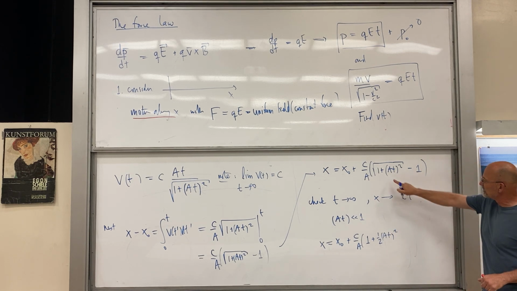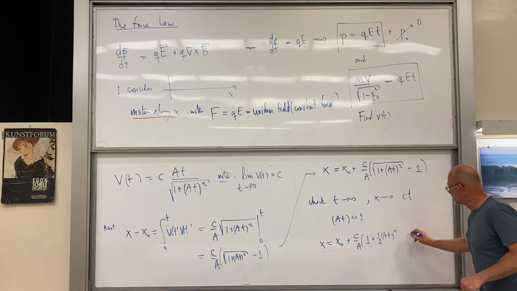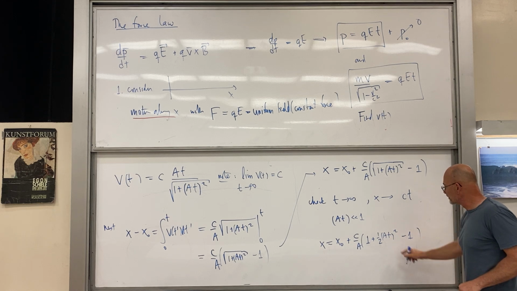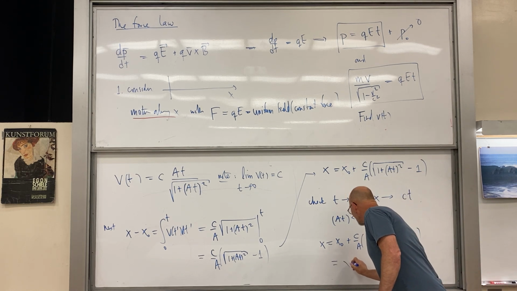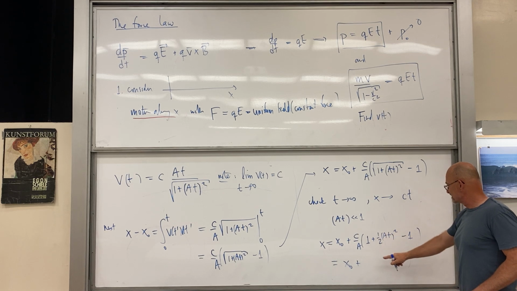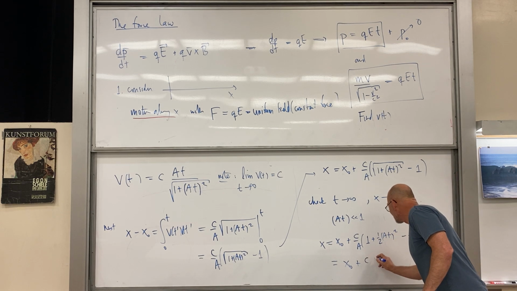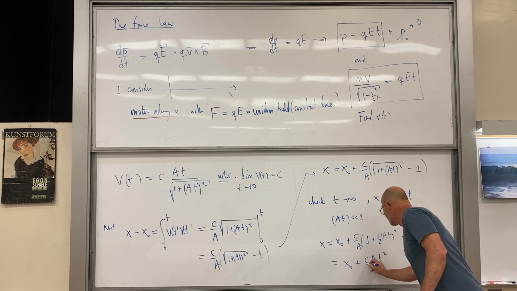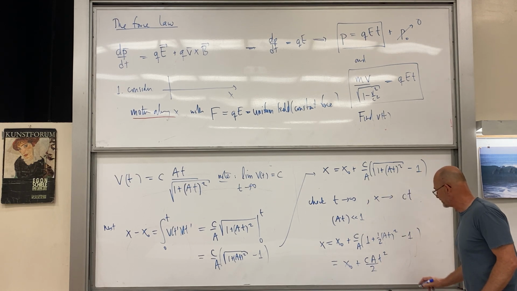That's our approximation for the square root of 1 plus something small, minus the 1. That goes away. We get x0 plus, one of the a's cancels, so we have plus c a t squared over 2.